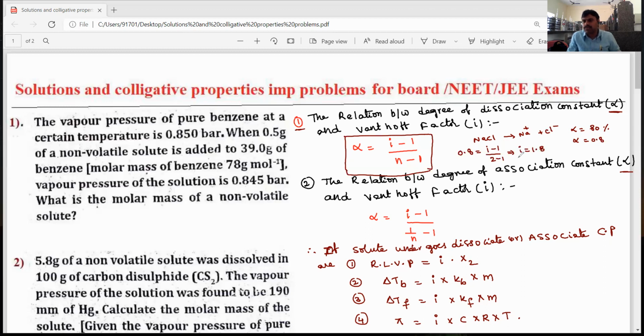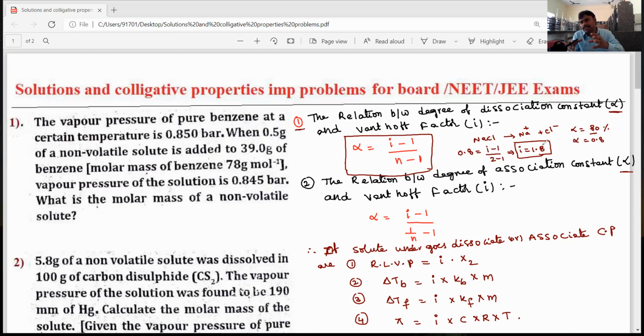Actually, if NaCl is 100% ionized, then the i value is equal to 2. If NaCl is not 100% ionized, just 80% ionized, then the Van 't Hoff factor i is equal to 1.8. In the same way, for example, acetic acid undergoes dimerization, and benzoic acid is also dimerized.